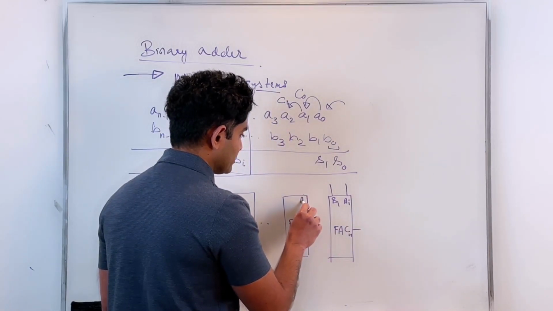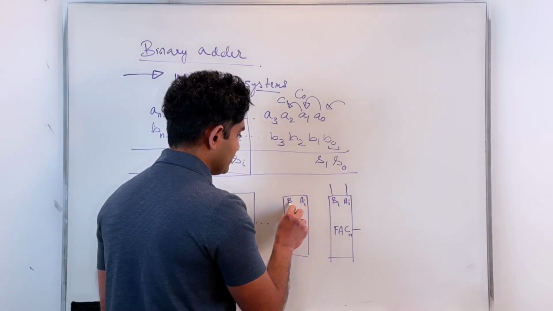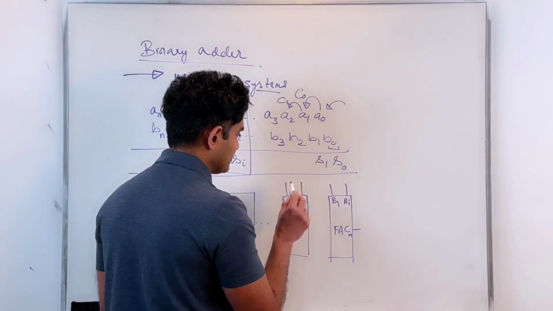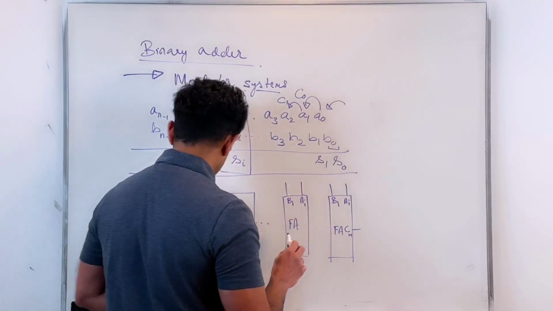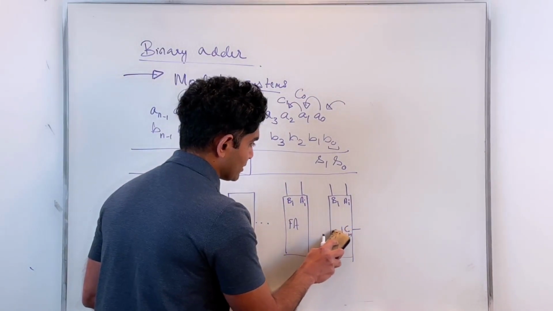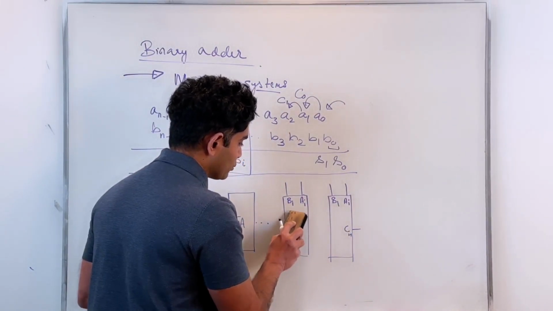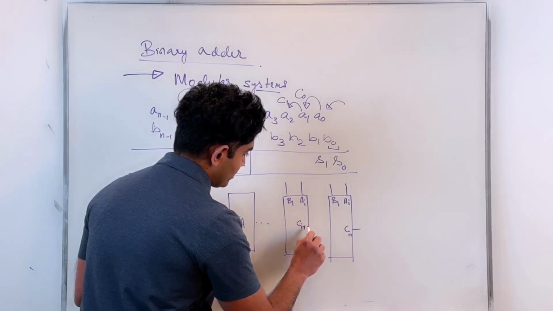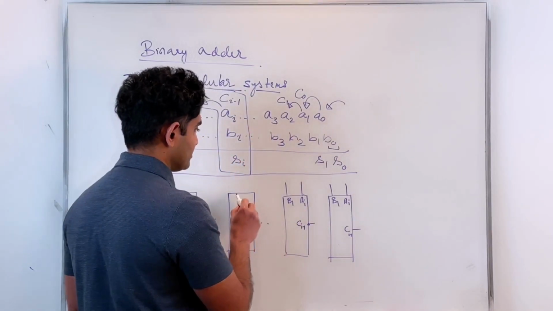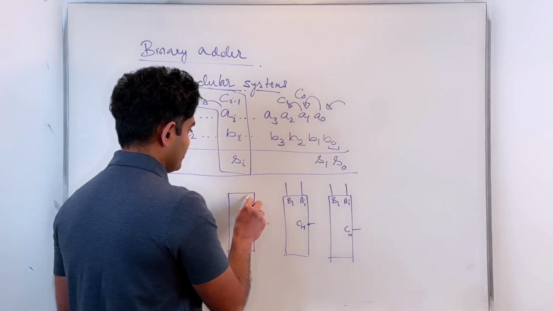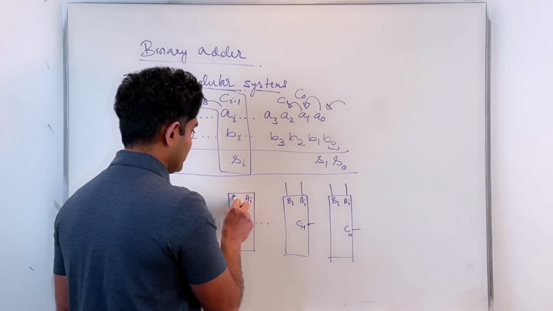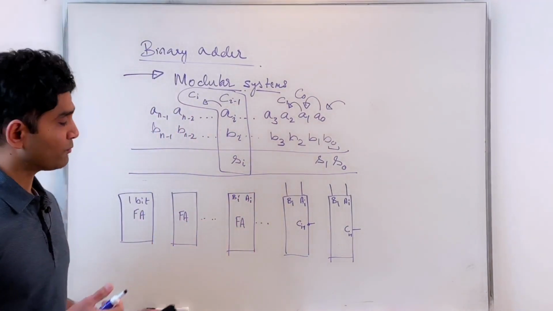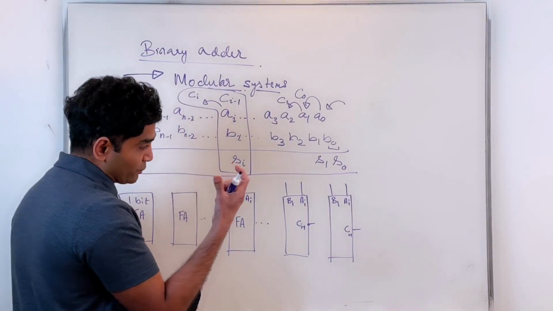Same thing here, AI, BI, CI minus 1. That's a full adder module. So these are like your IC chips, for example.